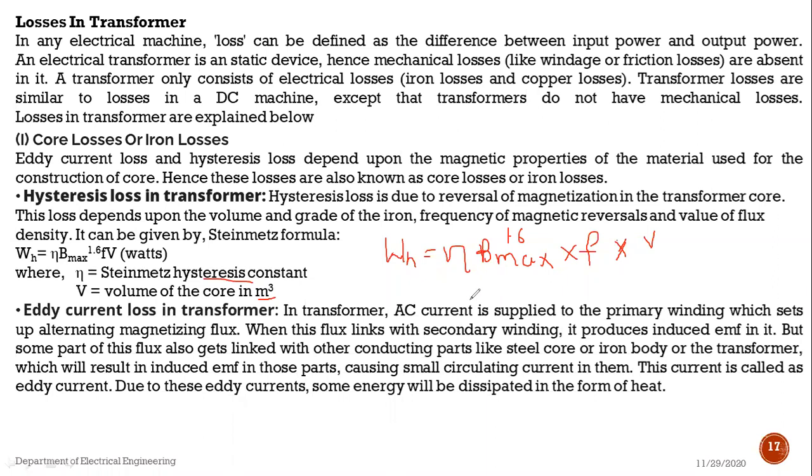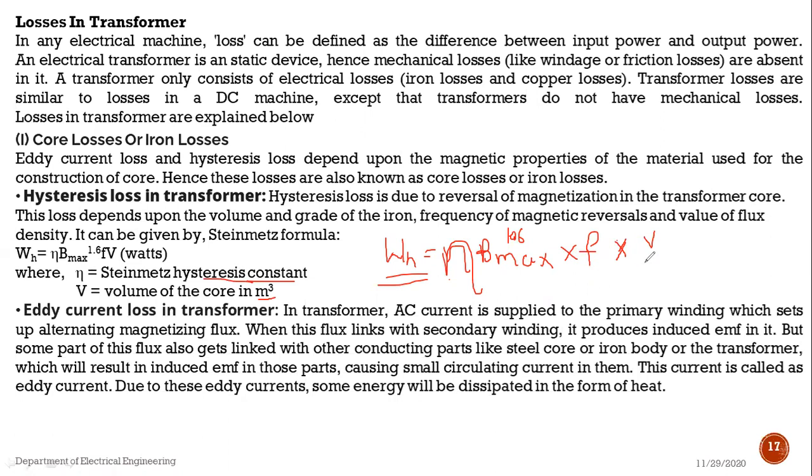So according to the Steinmetz formula, the hysteresis loss WH can be represented by eta, the Steinmetz hysteresis constant, into Bmax, the flux density, raised to power 1.6, into F into V.